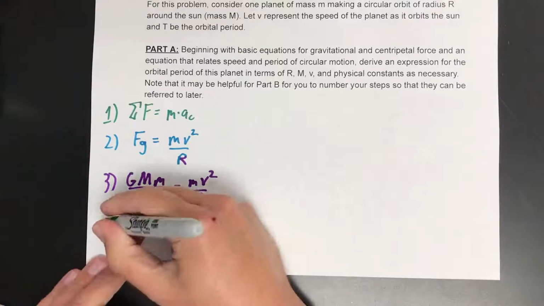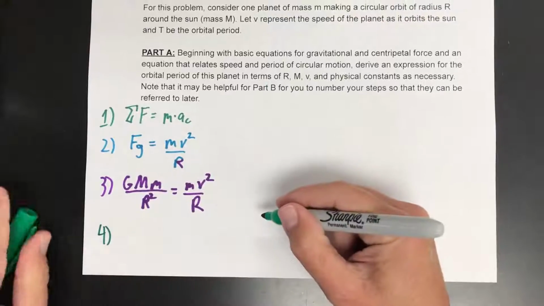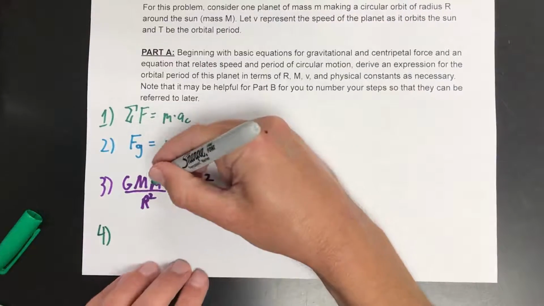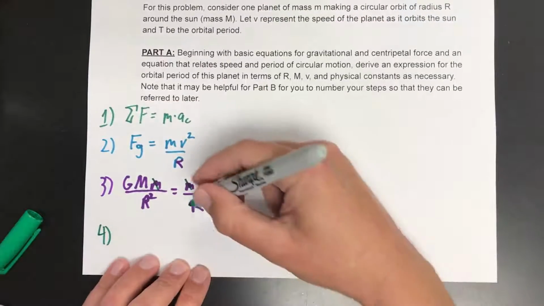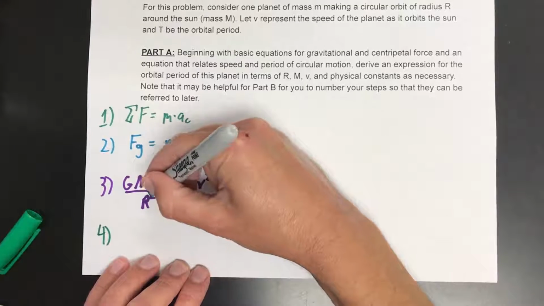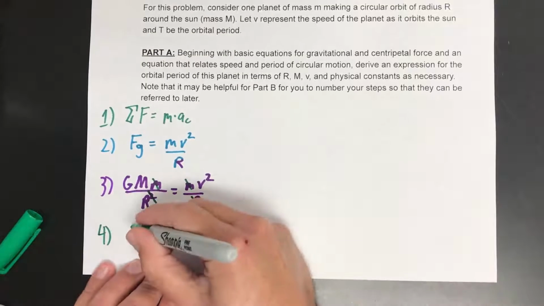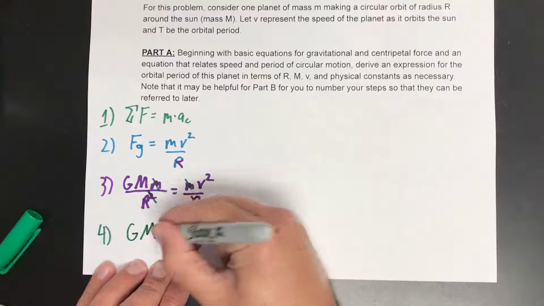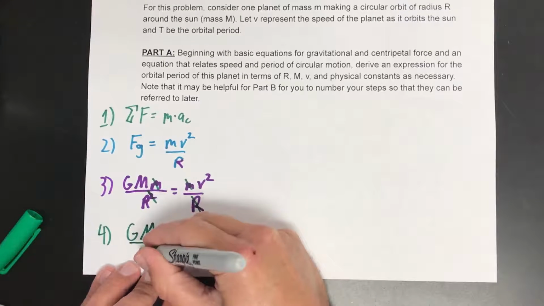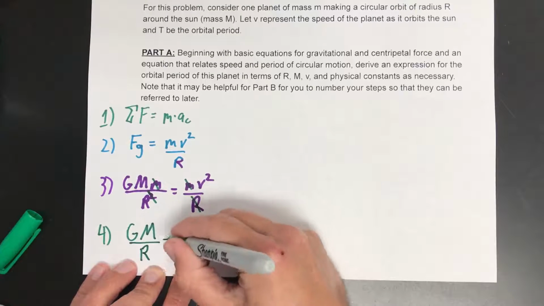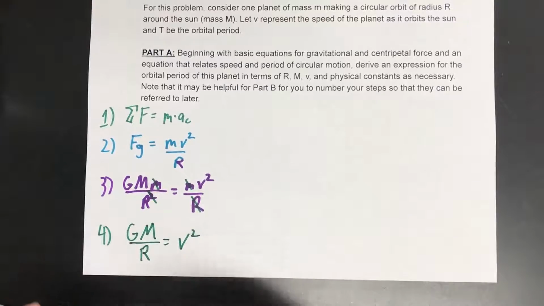So step 4 now, we get to cancel some things out and rewrite. As you can see here, the little mass is on each side of the equation. The radius here cancels with one of the radii there, so let's simplify this. Gravitational constant times the mass of the sun divided by the radius is equal to v squared.